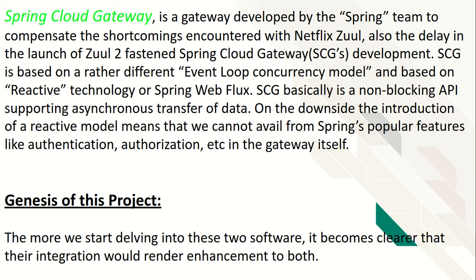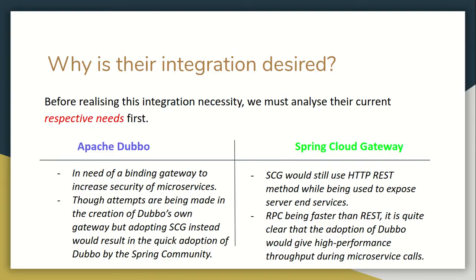But why do we need this integration? Why is this integration desired? To realize that, first of all, we need to analyze the current respective needs of both Dubbo and Gateway. Talking about Dubbo, Dubbo is very widely used for service calls, but when these microservices start scaling, it puts these backend services into a very vulnerable zone because the security is compromised.